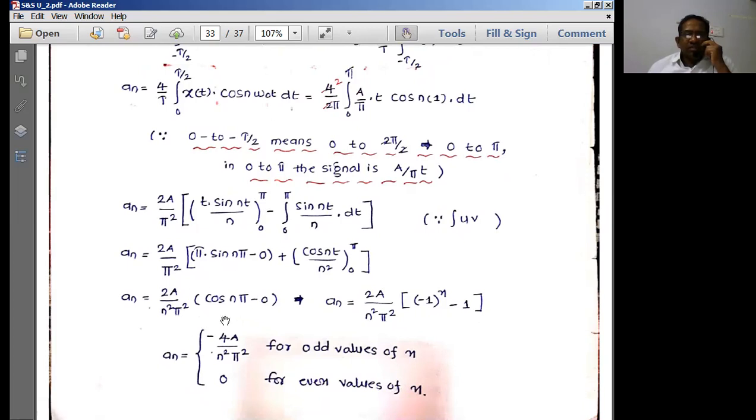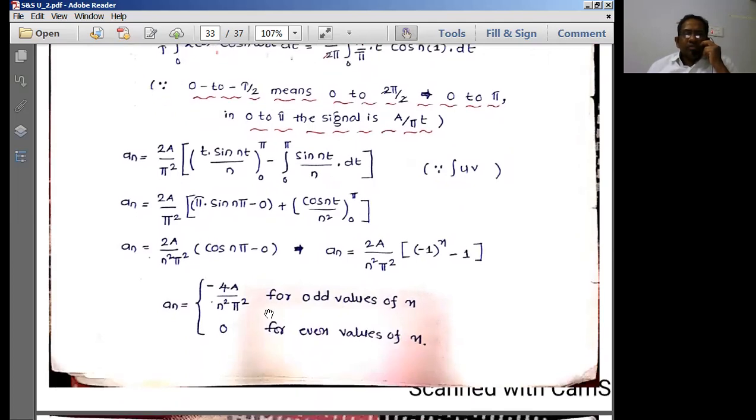Cos n pi is nothing but equal to minus 1 to the power n. So for odd values of n, that is 1, 3, 5, all these are the odd values of n, I'll be having this equation as what now? 2A by n square pi square for odd values of n.